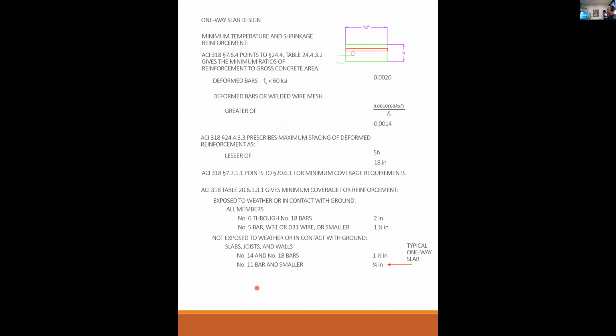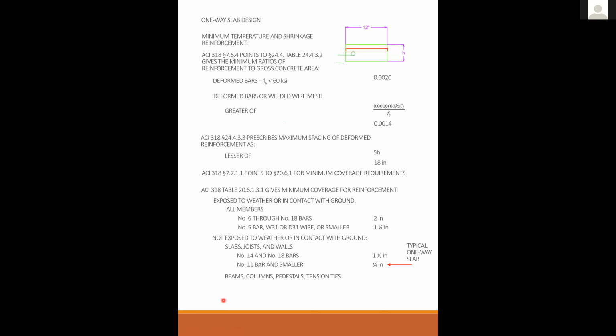They could be in contact with weather. You could have an open parking garage. That would be a slab exposed to the weather. But like I said, this 3/4 inch here, that's really more of your typical situation. Okay, makes sense. Okay.